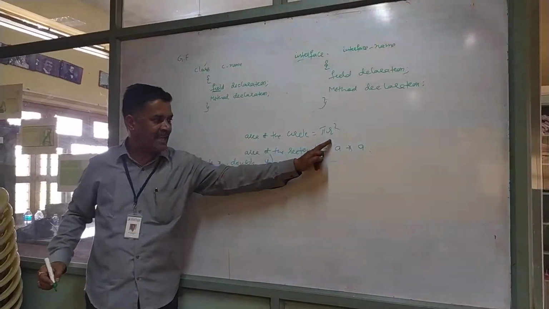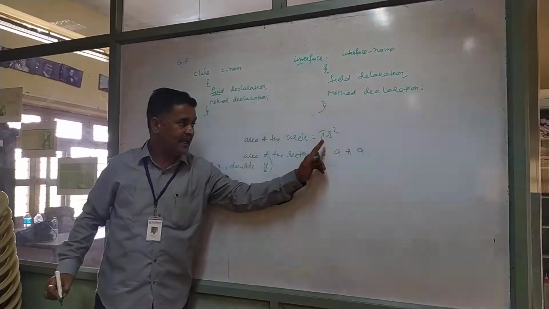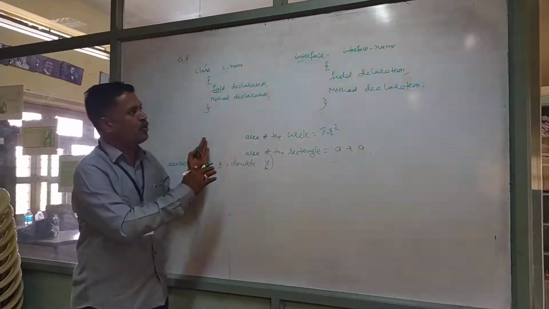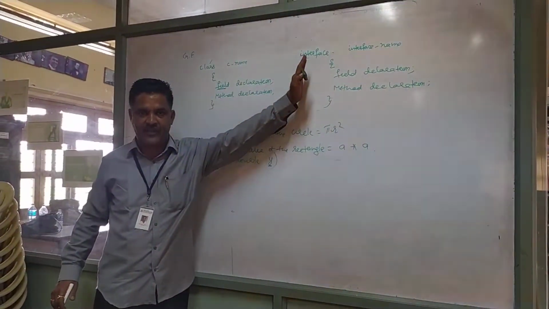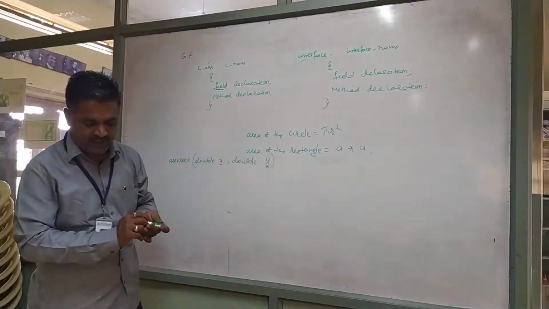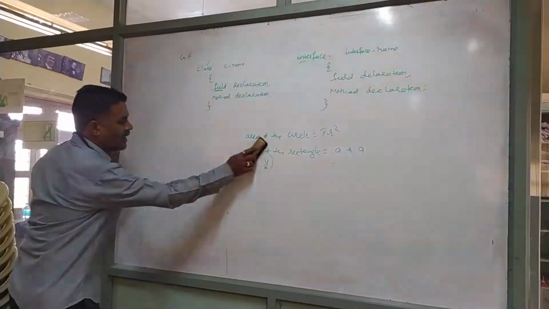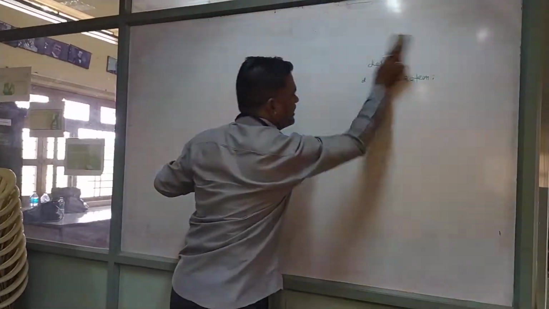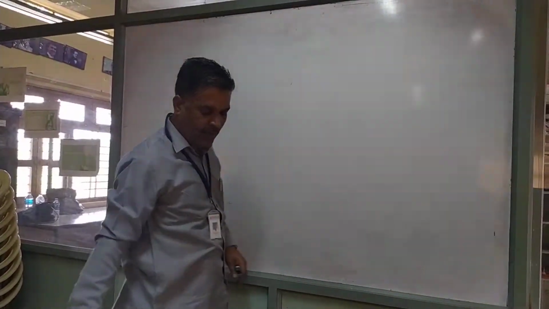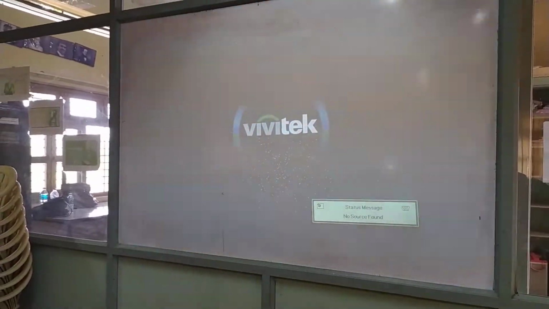If you want to use A into A here, and pi r square here, this program shows how to implement the class with interface. I'll display one program for the area of the circle and the area of the rectangle.